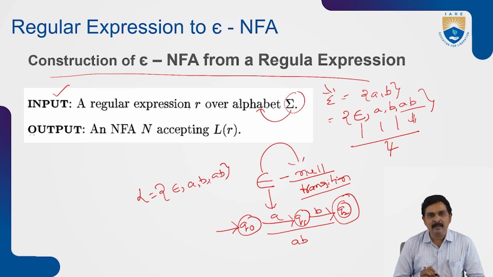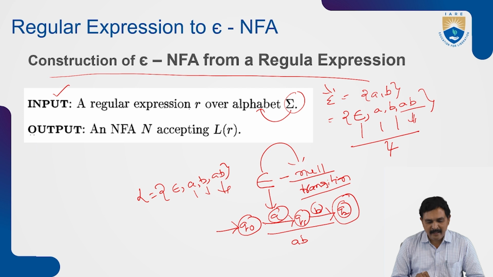But what are the valid strings? Valid strings are those accepted by the particular finite automaton. Only the string AB is valid. When reading a, Q0 is not a final state, so a alone is not accepted, and b alone is also not accepted. Only AB is accepted, so the language for this example is AB.